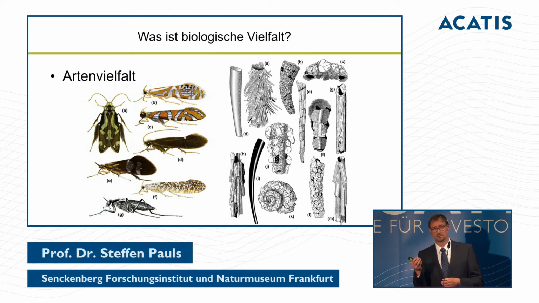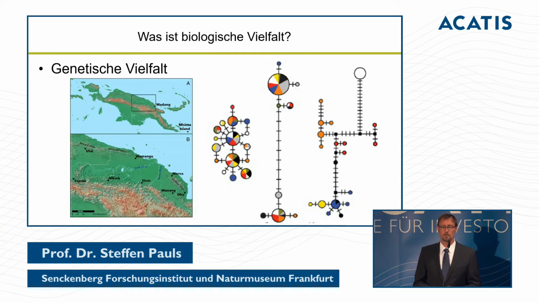Some of them are predators, others eat plants, and they have completely different functions. And this diversity, functional diversity, and the variations that they build, this is something that I would like to show you on the right-hand side. So what is genetic diversity? The basis for it all.